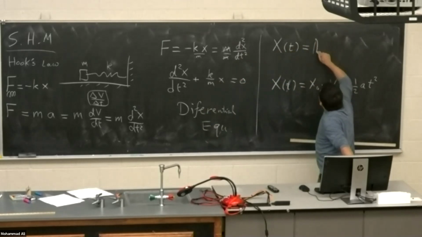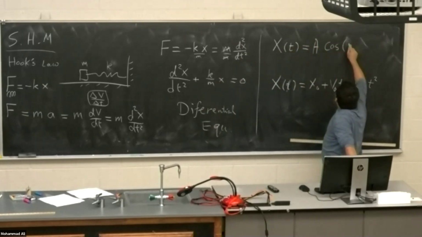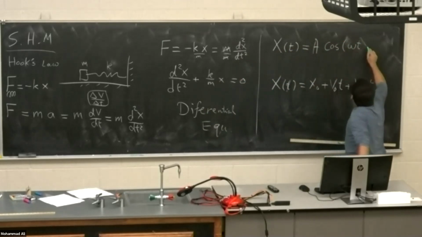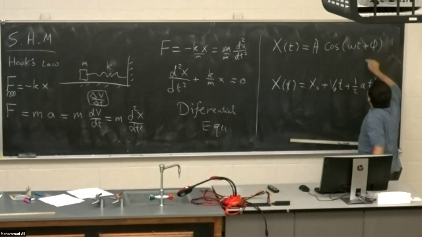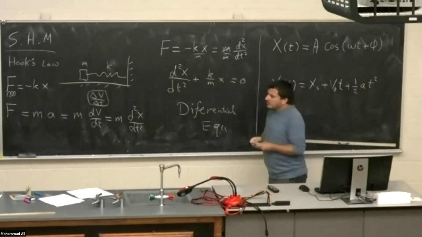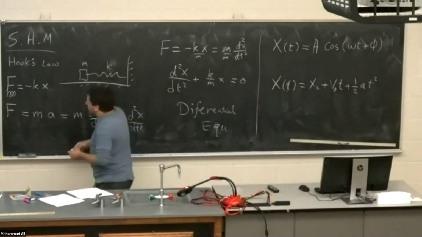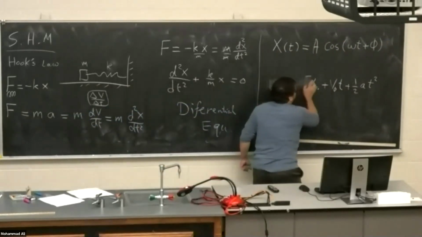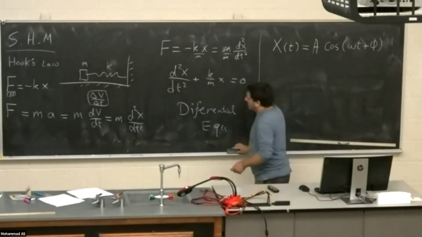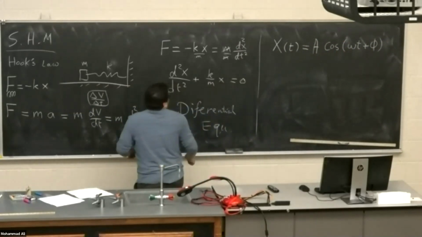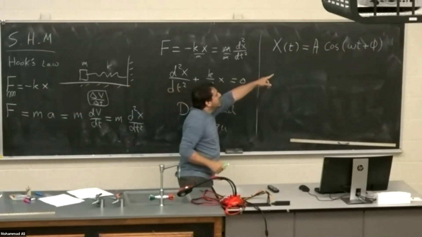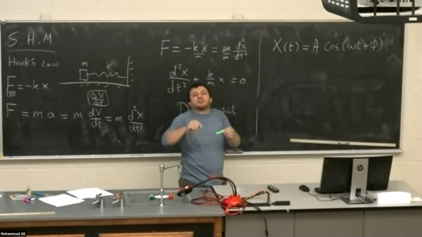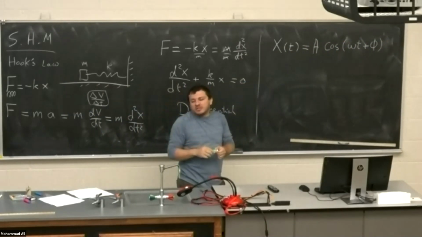It is a cosine omega t plus phi. Don't be afraid, it's simple. Phi inside the cosine is the starting point of vibration.